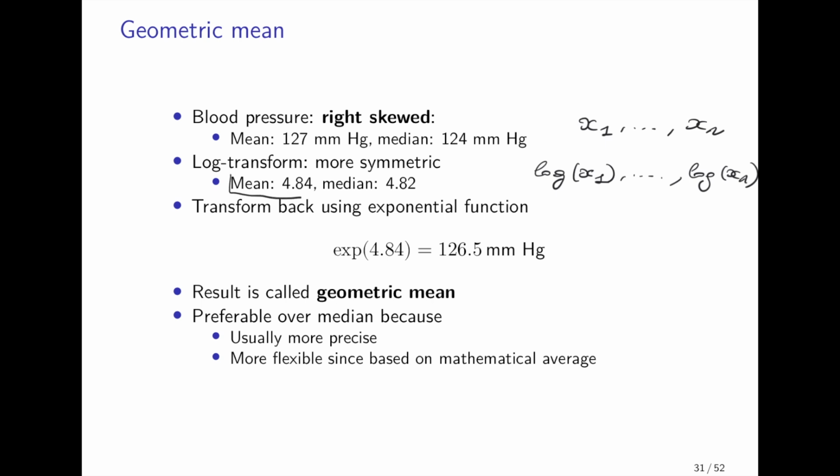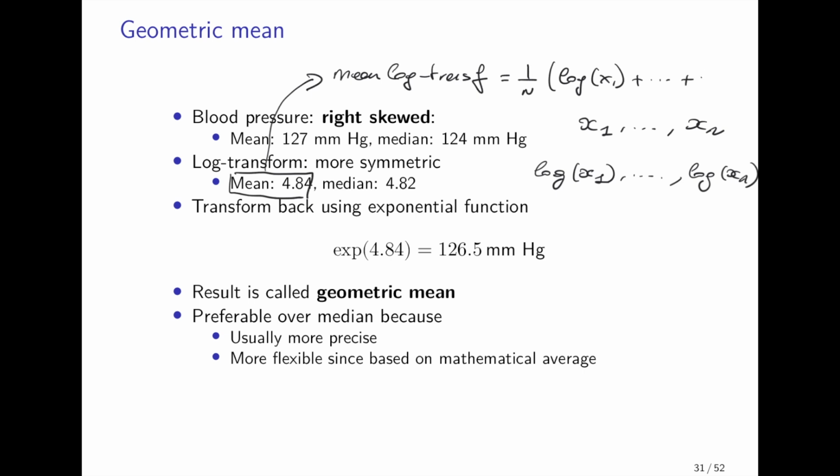And then this mean and the median refer to the logarithm transformed data. So for example, the mean of the log transformed data is given by 1 over n times logarithm x1 plus logarithm x2 plus ... logarithm xn. That's what gives you the 4.84.